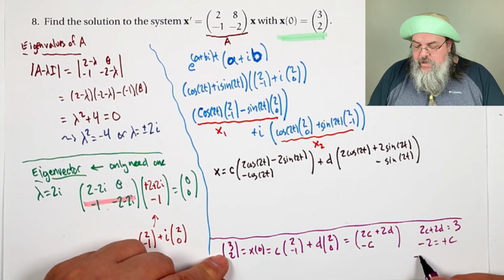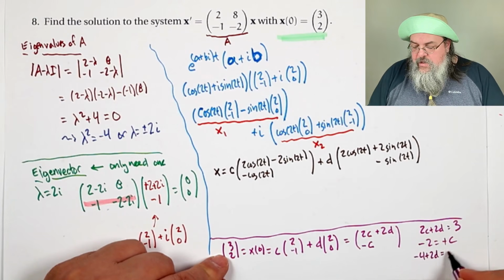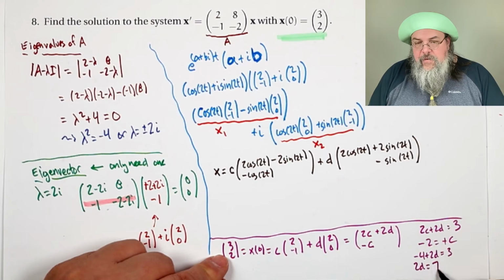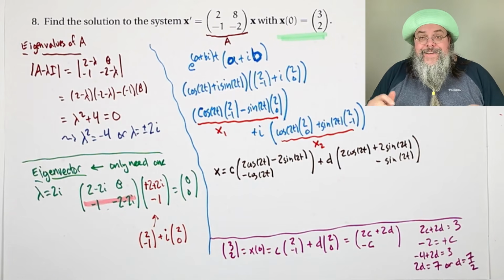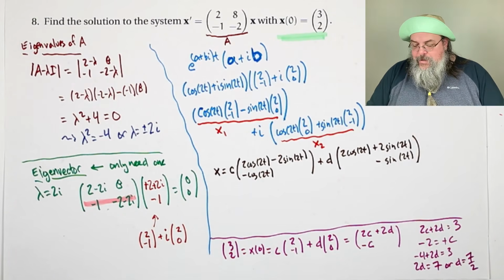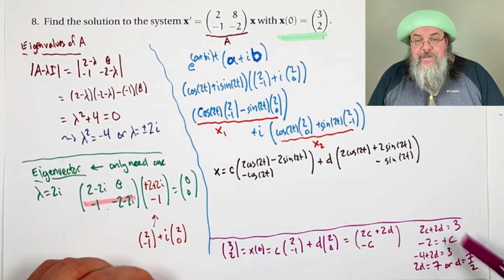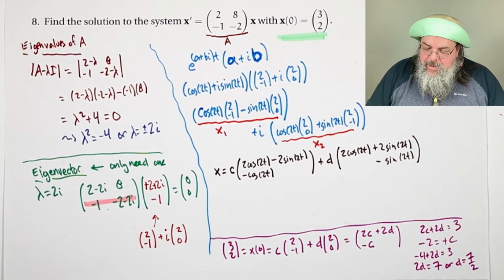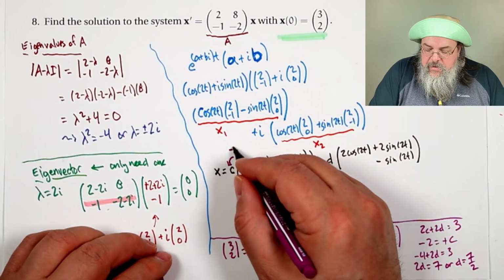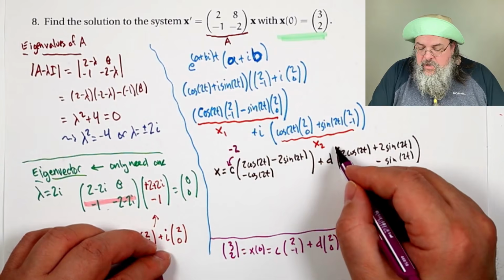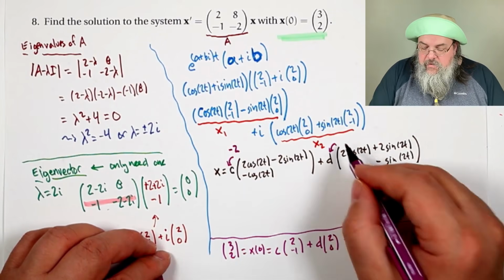Well, that tells us that minus 4 plus 2d equals 3, or 2d equals 7, or d equals 7/2. Okay, so there we go. So now we've solved for c and d. c will be minus 2, and d will be 7/2.